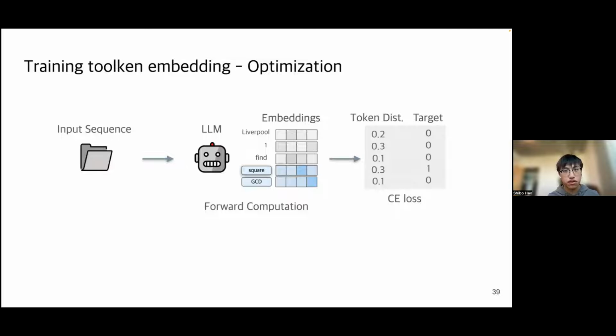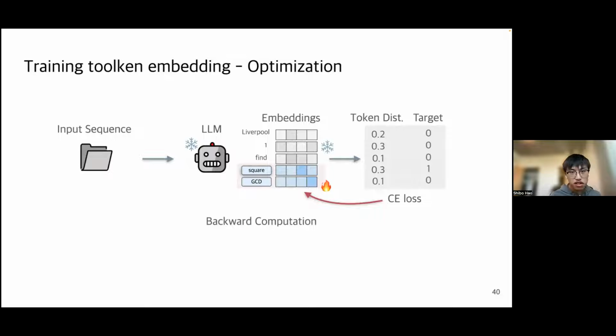And then compared with the next token in the target sequence S prime, which is a label, we are able to compute the loss and backpropagate it. So in this step, only the token embeddings are updated, while all the parameters of the LM, including its word tokens and other layers, are kept frozen.